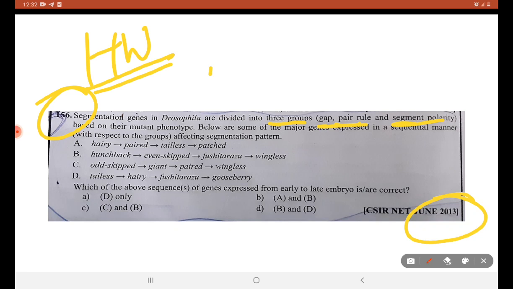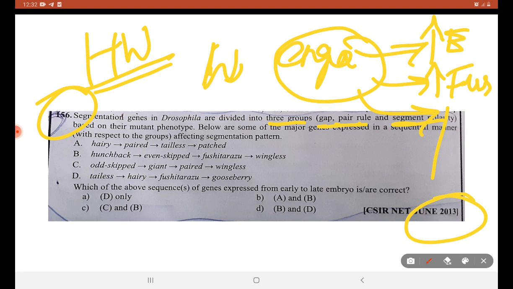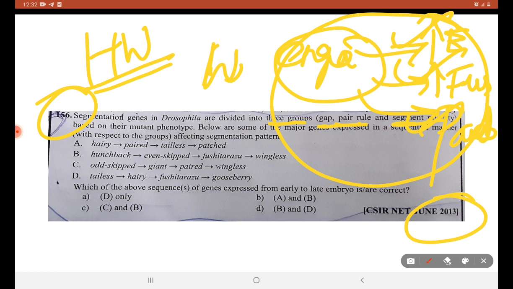We know bicoid and hunchback refer to the anterior segment, and then wingless and engrailed. Engrailed will be produced with a high concentration of even-skipped, fushi tarazu and paired. Engrailed will have high expression of these three things.